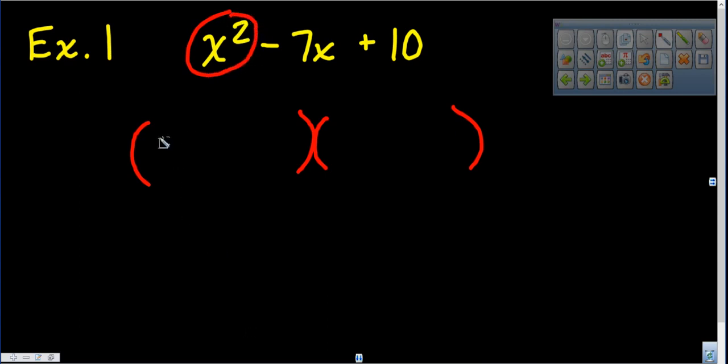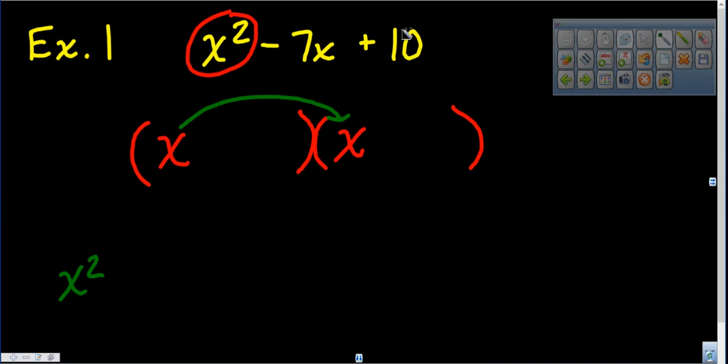Well, that will go right here in the front. And hopefully you realize that that is x times x. Because the process of multiplication for these binomials is to do that first. And that would give you x squared.